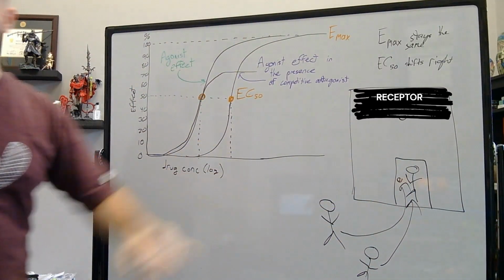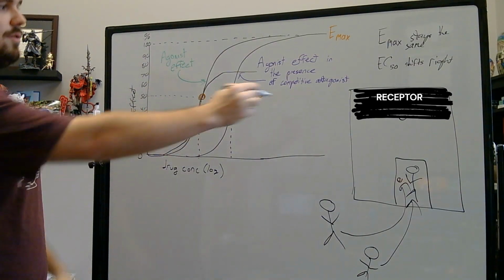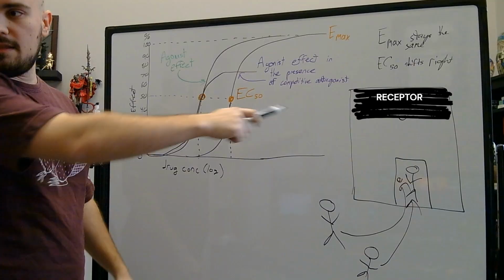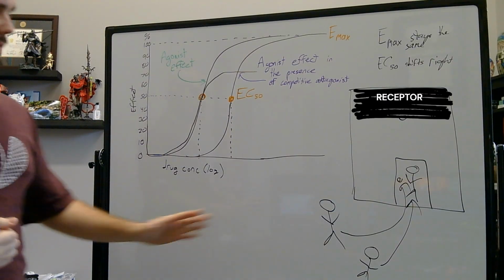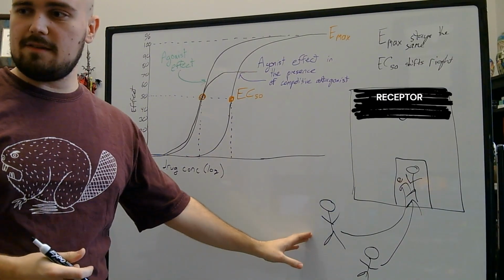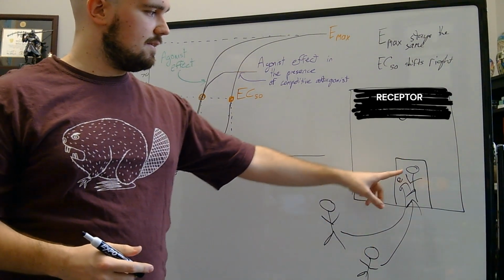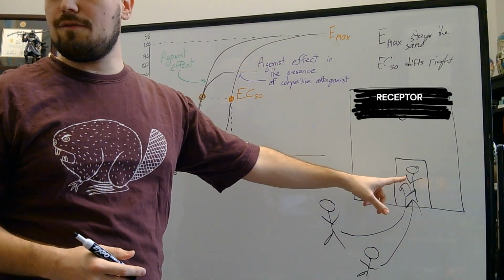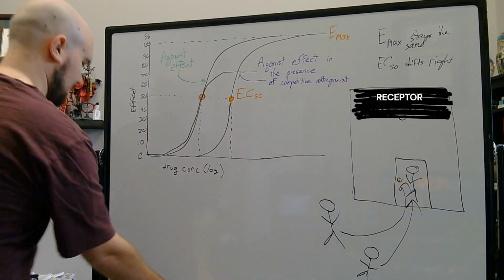An agonist needs to push through them or push them out of the way to enter and cause effect in the body. So that is competitive antagonism: the agonist wants to go into the building, which is your body, and the competitive antagonist is standing in front of the door and blocking their way in.